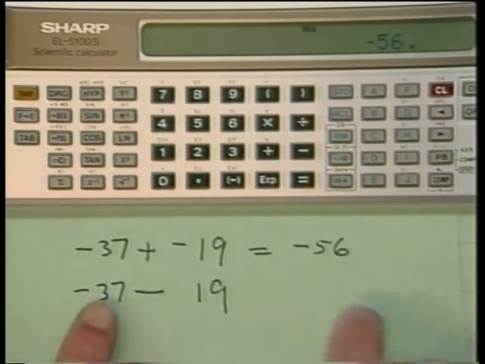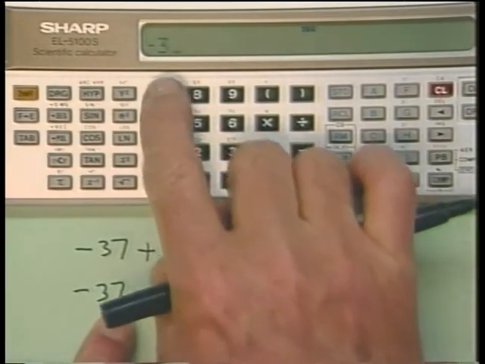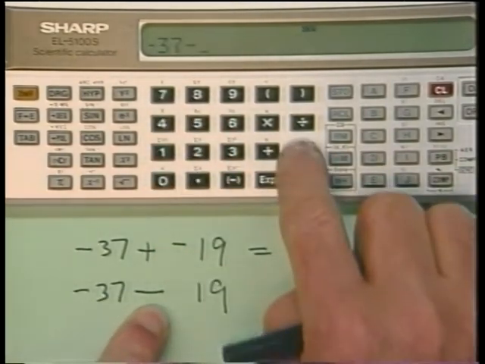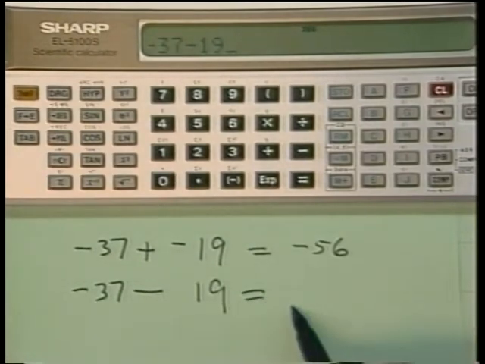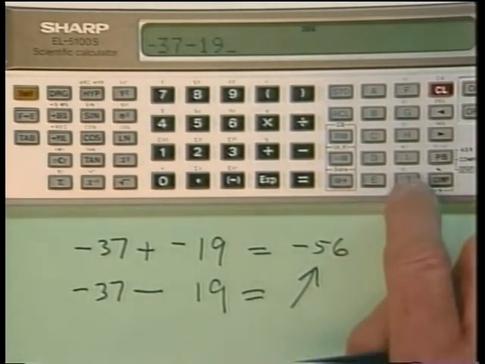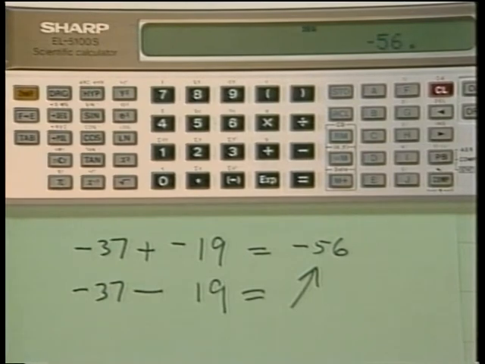So this instructs me to take negative 37 minus just plain 19. And that should give me the same answer. So if we say equal, sure enough, it does.